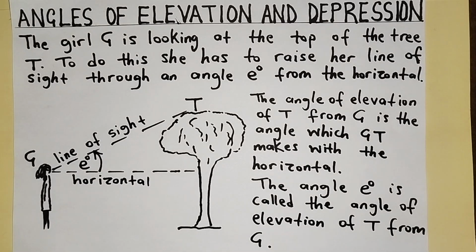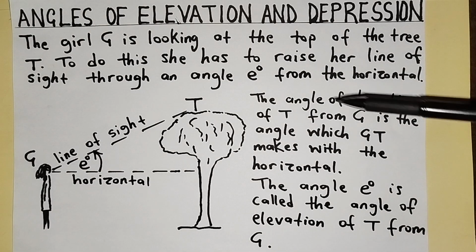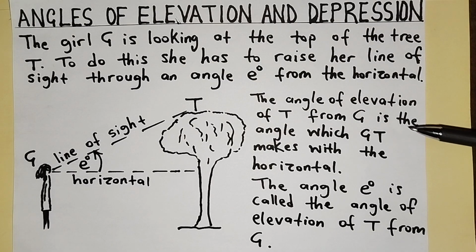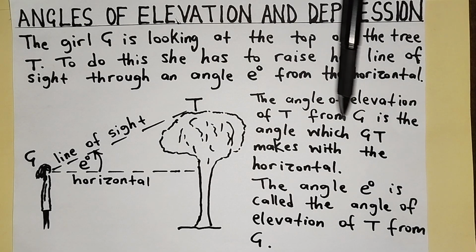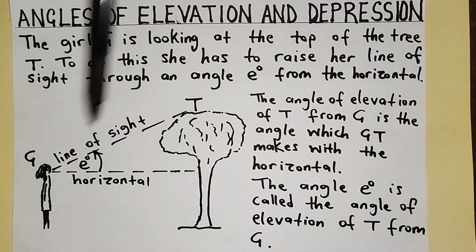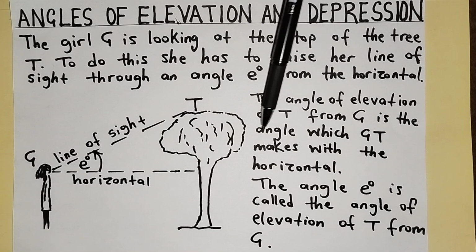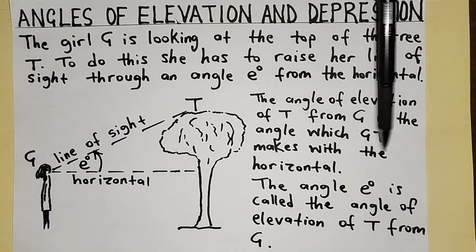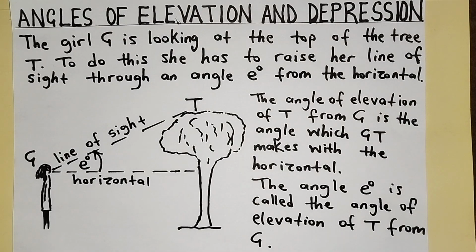So the angle of elevation of T from G is the angle which GT makes with the horizontal, this horizontal.